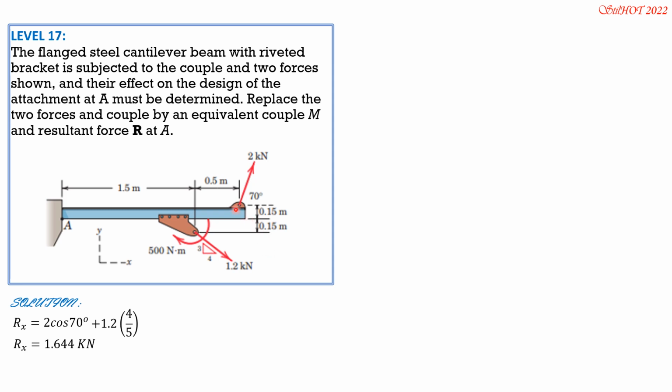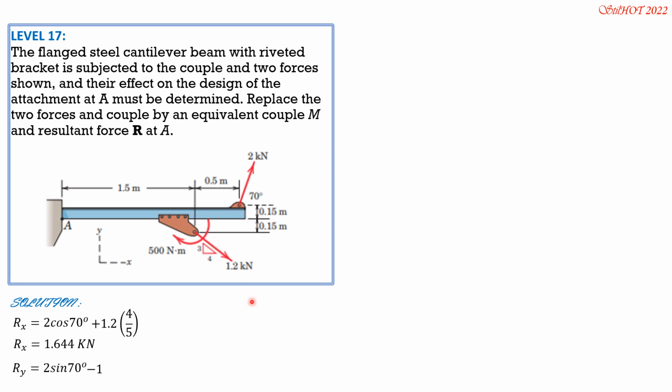While Ry, the vertical component of the 2 kilonewton load, is upward, and that is 2 opposite of 70, so 2 sine 70. Then the y component of 1.2 is downward, it is pointing down to the right, so minus 1.2 times 3 over 5.